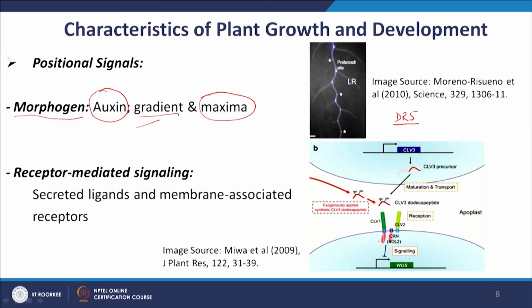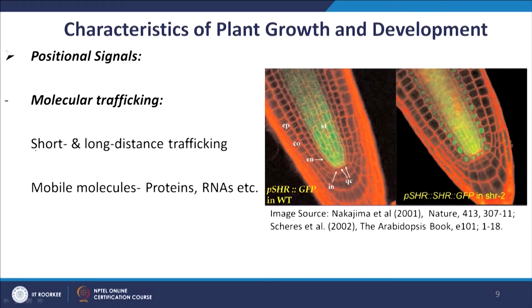The third and very important mechanism in the case of plants is molecular trafficking. As I said, plant cell walls are very rigid, very tightly glued, and plants cannot move from one place to another; their position is fixed during development. Then how do they communicate? To break the barrier of communication, plants have developed a wonderful way of cell to cell communication called symplastic cell to cell communication, which can help in short as well as long distance trafficking.